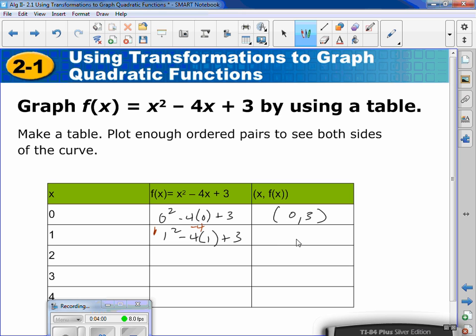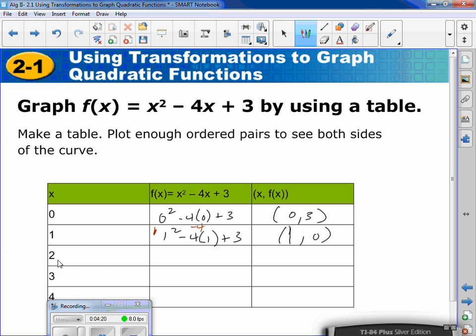The point is 1, 0. So how do you get 4 still, and 4 times 0 is 0? I didn't get 4, that's a 3 there. 0, 0, just left with a 3.